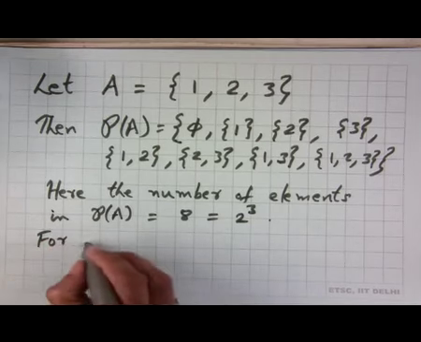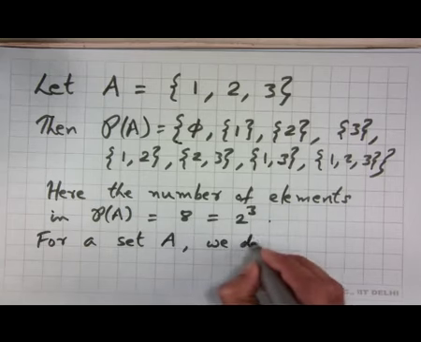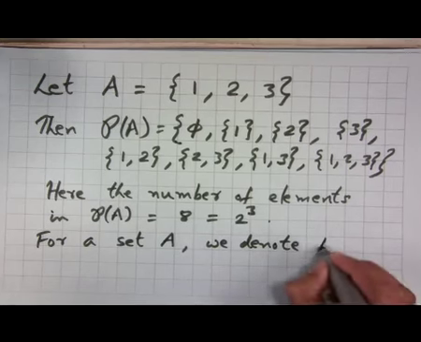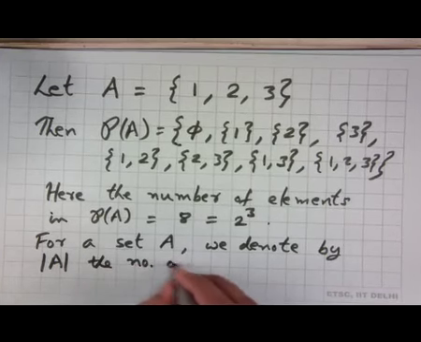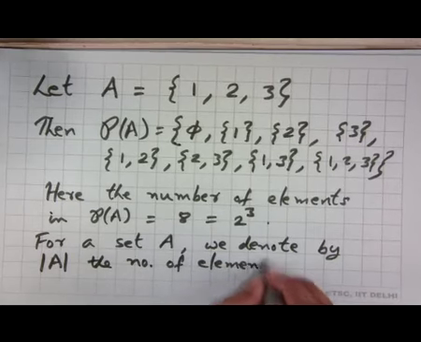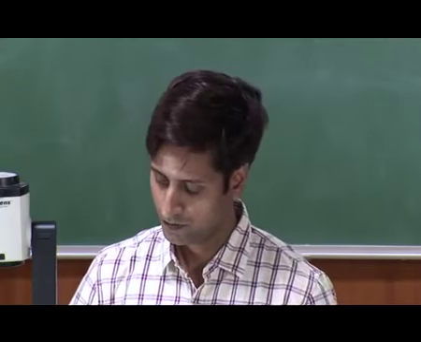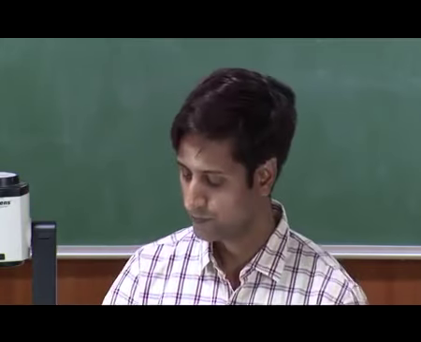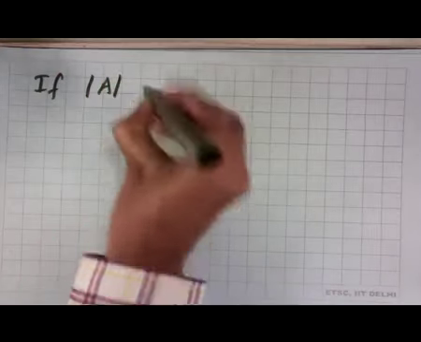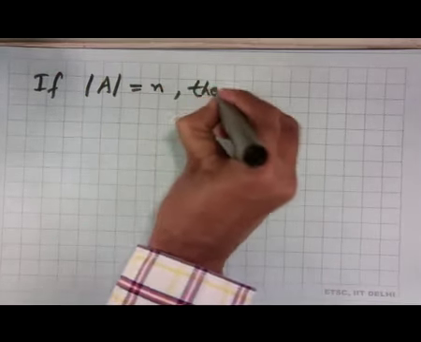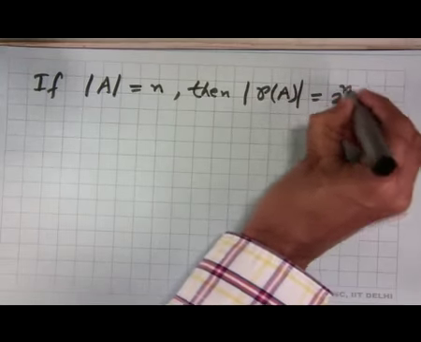So, for a set A, we denote by |A| the number of elements in A. So, if we have a set A containing n elements, then the number of elements in the power set of A is always 2 to the power n.